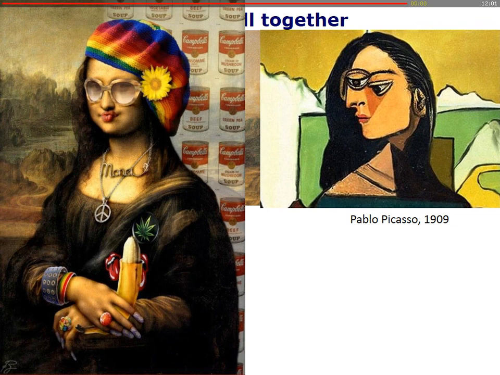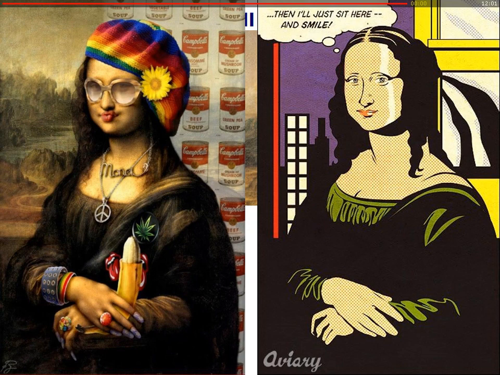You still see it's Mona Lisa, and this is from Roy Lichtenstein. So this is Andy Warhol, by the way. What I wanted to say with that is, in my opinion, it's better to measure cardiac output at all to get some additional information, rather than only sticking to blood pressure measurements.